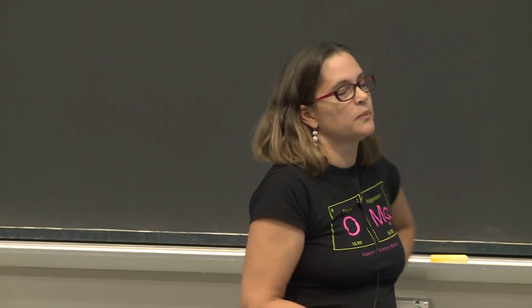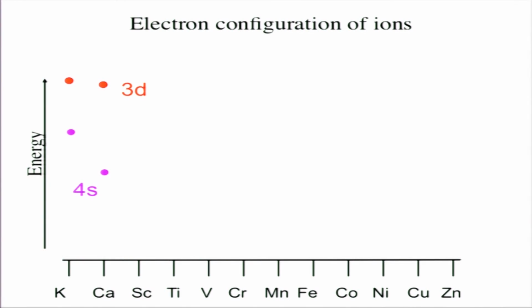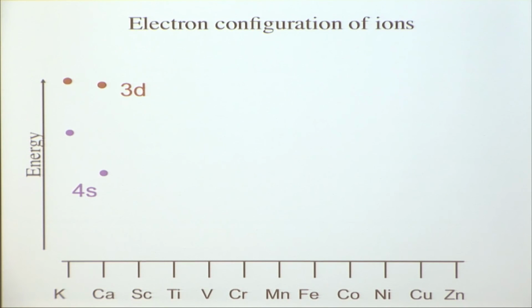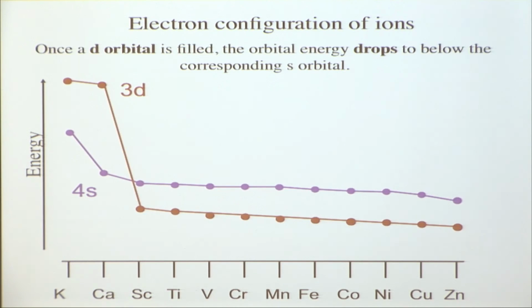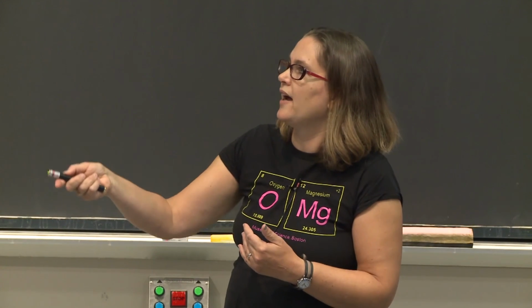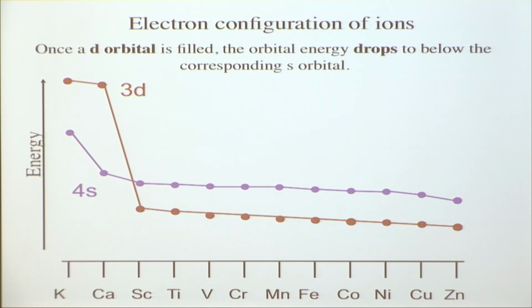All right, so when we're filling up our 4s, we're putting in the 4s first, and then we're going to our 3d, which is what we just learned about. But what actually happens when you start putting electrons in your d orbitals is that the orbital energy of the d orbitals drops below the 4s. So once they start becoming filled, you have this change that happens.